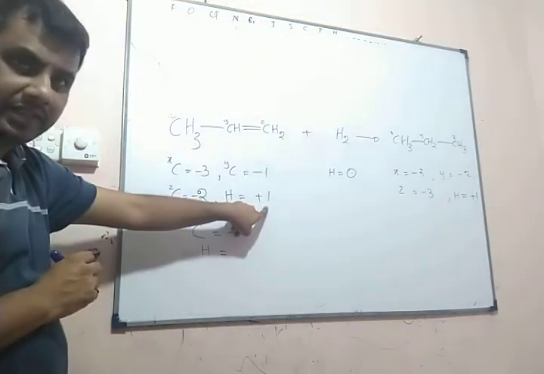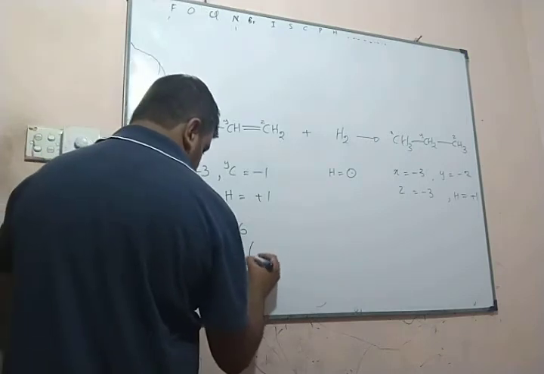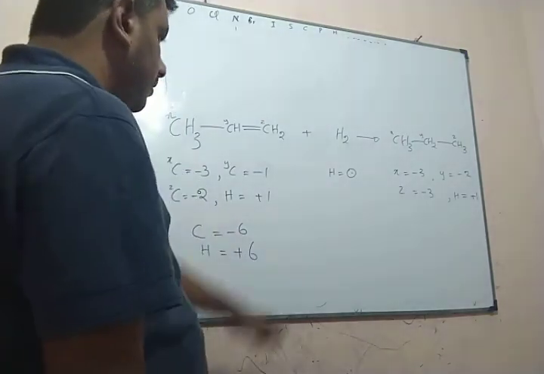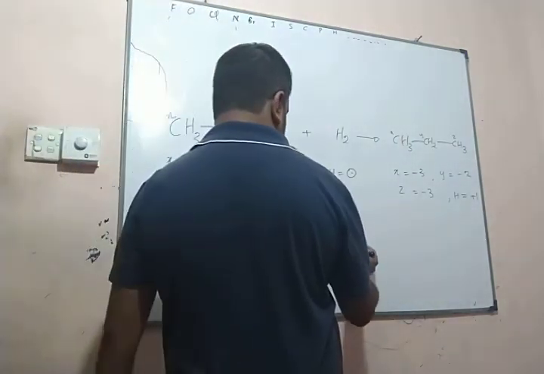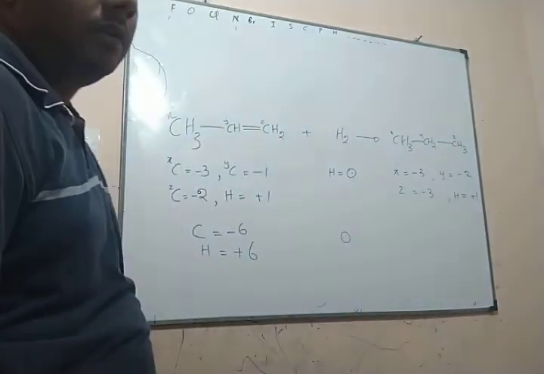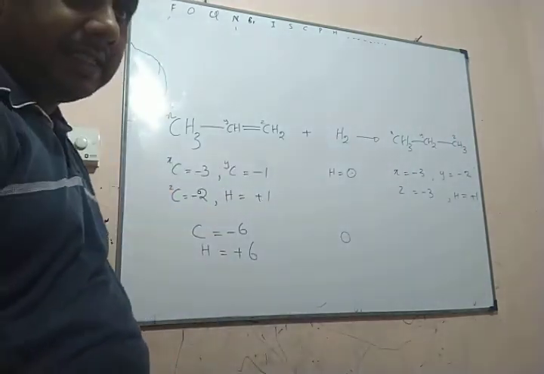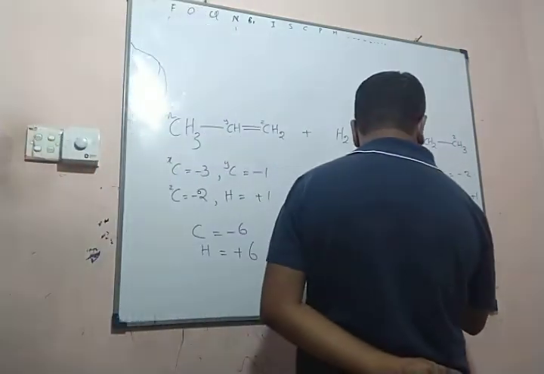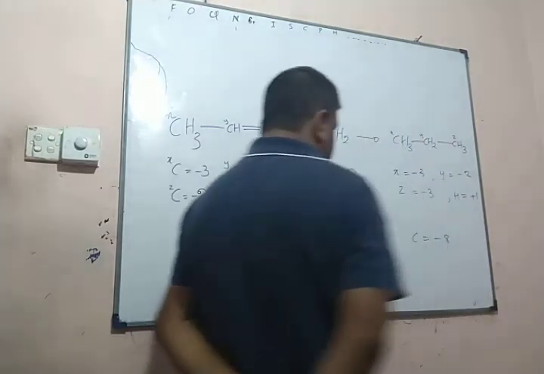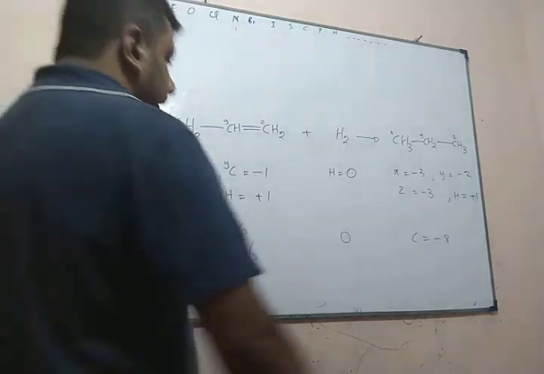Oxidation state of one hydrogen is +1. There are 6 hydrogens, so +6. Okay, it's 0. Okay. And what about here? Cumulative oxidation state of carbon -8. Hydrogen +8.